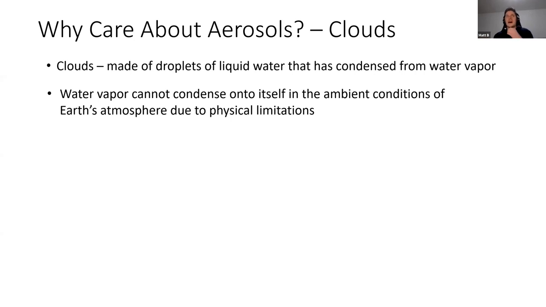So you actually have to have something that helps the clouds form. And I'm sure you could guess that it's an aerosol. So these aerosols act as a surface which the water condenses onto, and then it keeps condensing onto these aerosol surfaces, and then it forms a cloud droplet. These cloud droplets grow. And as you know, clouds are an important part of the water cycle. So this affects all of us.